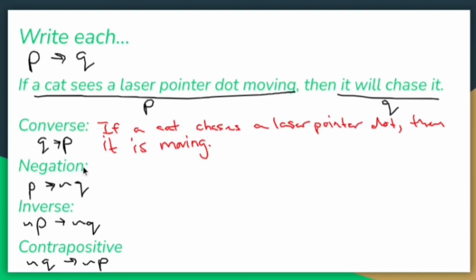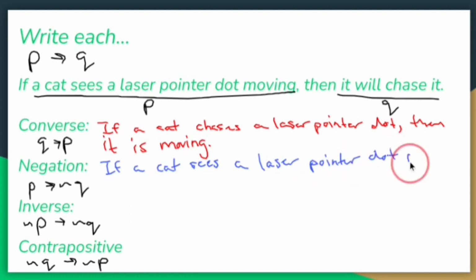Let's keep going though. Negation. The first part doesn't change. If a cat sees a laser pointer dot moving, so the first part didn't change at all, word for word, then it will not chase it.